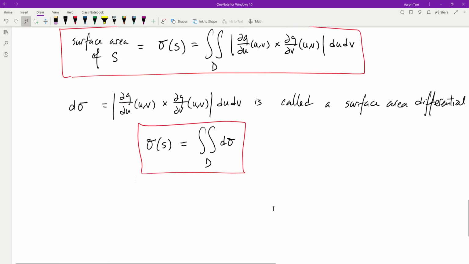Now, of course, one last formula, and that's it for today. And then in the next video, we can talk about doing examples. What if we try to calculate the mass of this surface, assuming that this surface has some kind of density? Then I can calculate this mass using this integral.